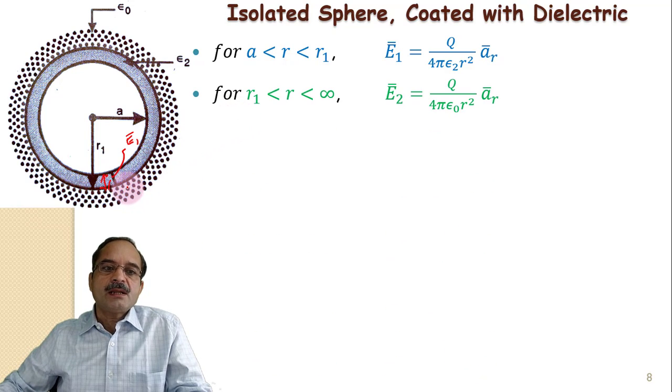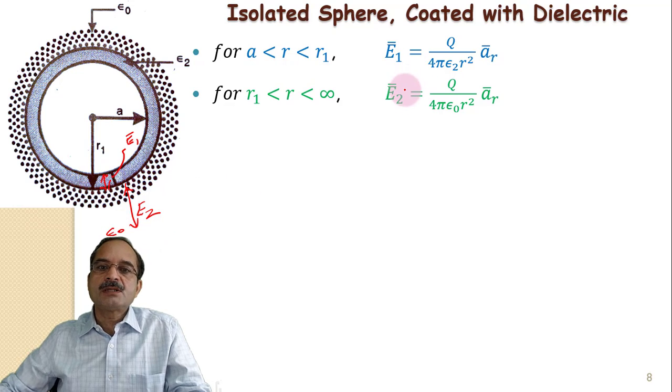And outside this region, that is R1 to infinity, it is E2. So for E2, here permittivity is epsilon 0. So this is E2 equal to Q upon 4 pi epsilon 0 R square AR. This is directed in AR direction.